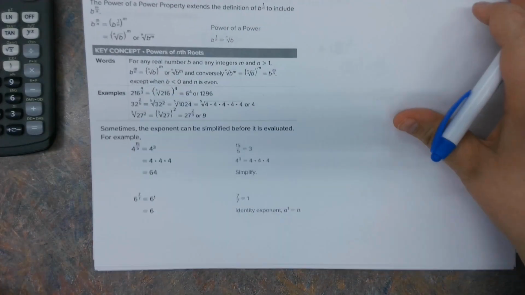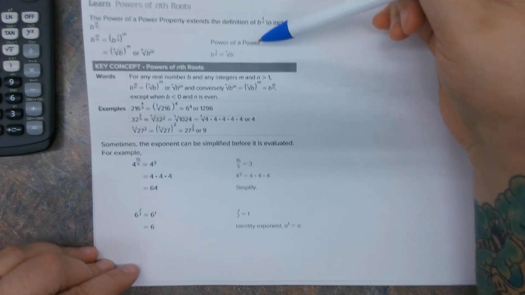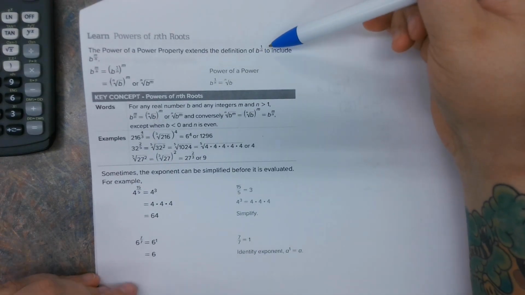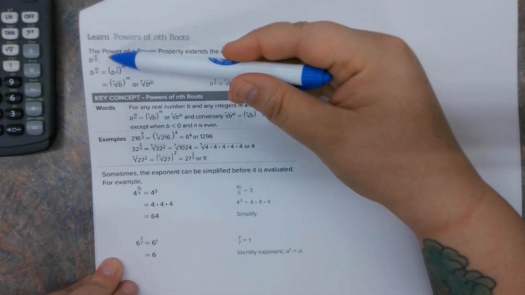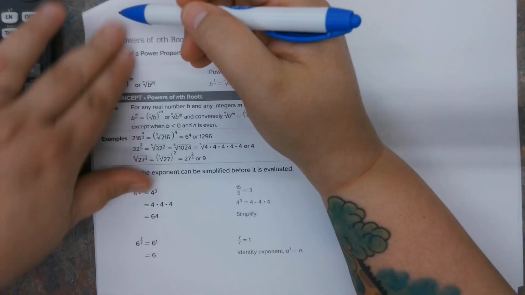Okay. Moving on to example 4. So the power of a power property extends the definition of b to the 1/nth to include b to the m/n. So this is what I was talking about before.